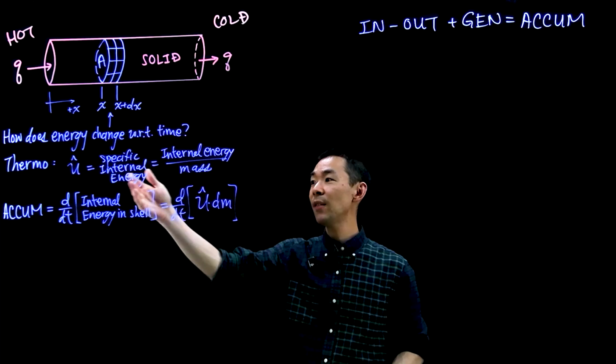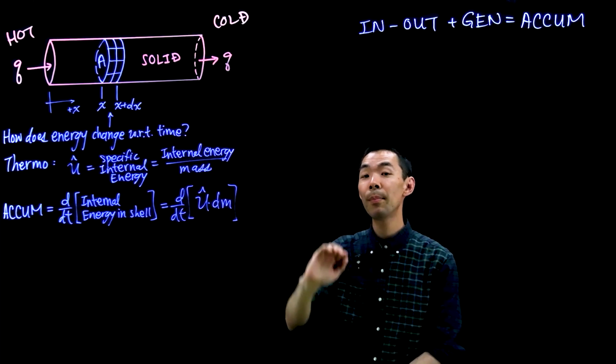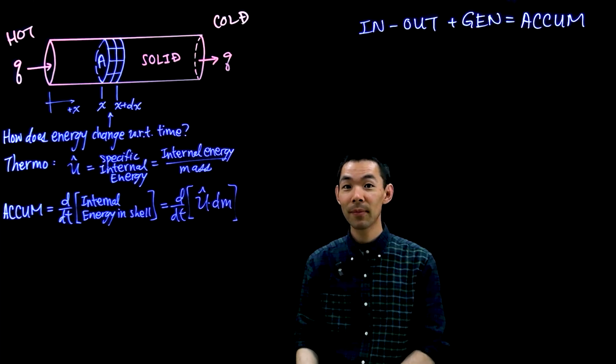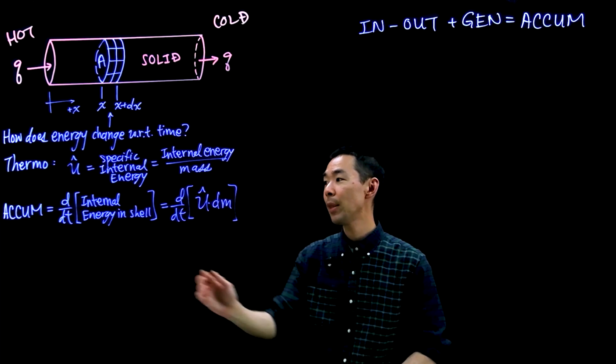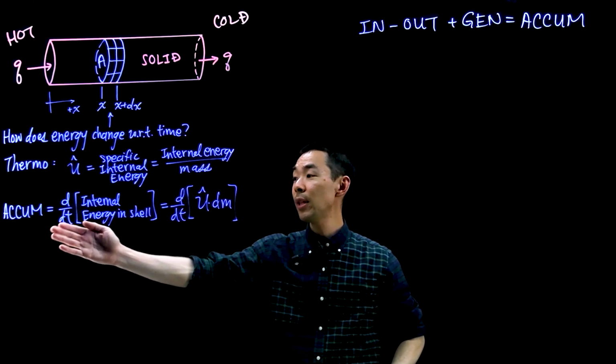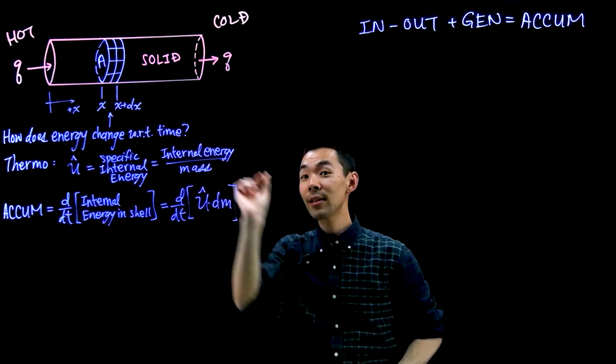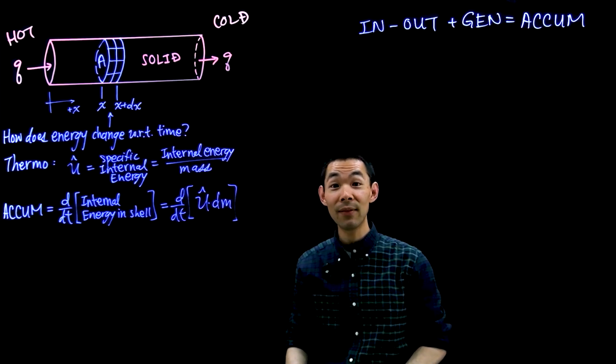Now the specific internal energy is equal to the internal energy per unit mass. Okay, so it's an intensive variable. So the accumulation over here on the right-hand side is simply the time rate of change of the internal energy inside that small shell of volume dV.